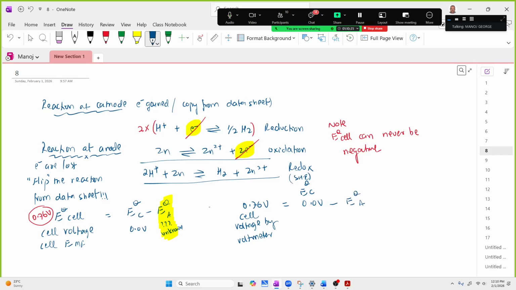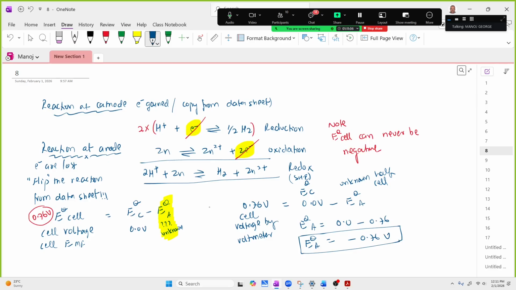That is what I'm trying to find, my unknown half cell. So that's 0.0 minus 0.76, which is why it becomes negative 0.76 V. This is how the electrode potential of the zinc half cell was found out, and that is how it came in the data sheet.